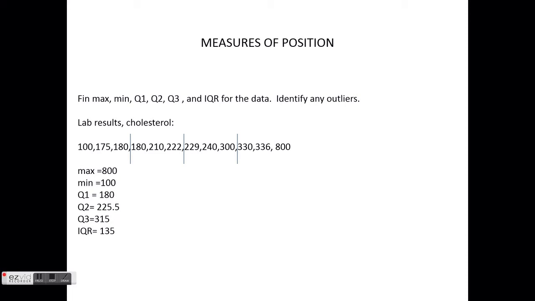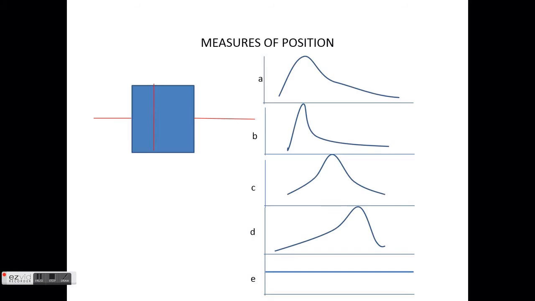Now the IQR is the difference between 315 and 180. 315 minus 180 is 135. And again, that's Q3 minus Q1. So that's the 5-number summary.